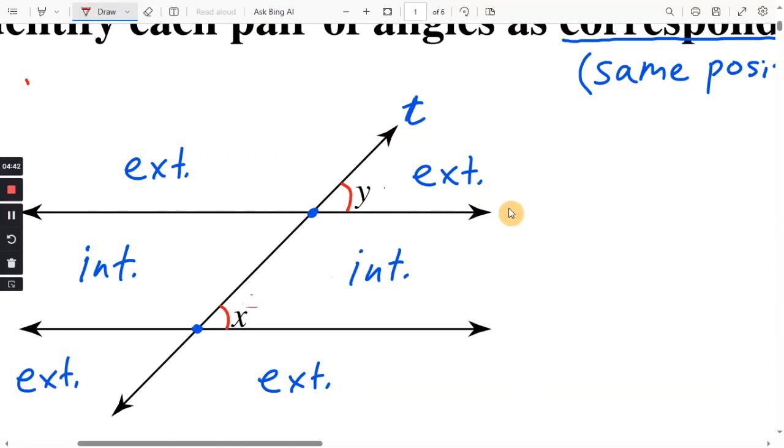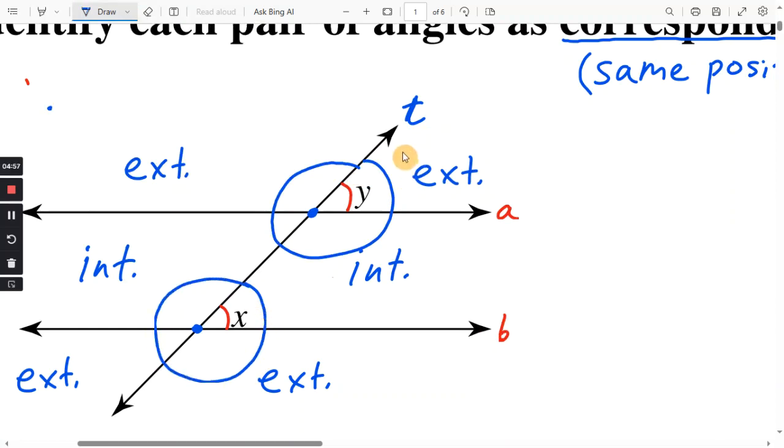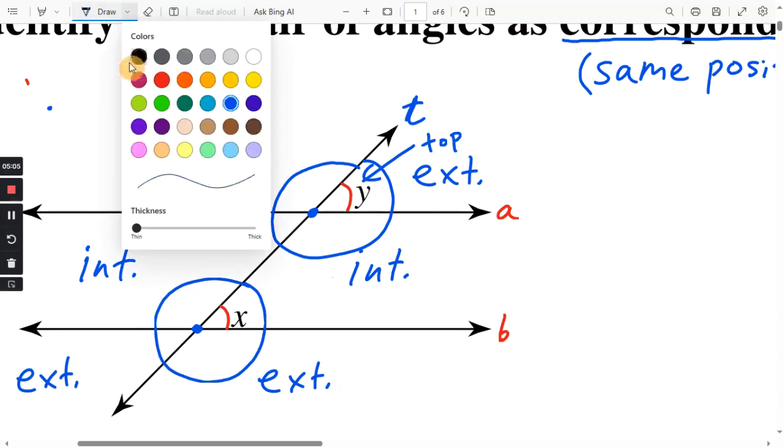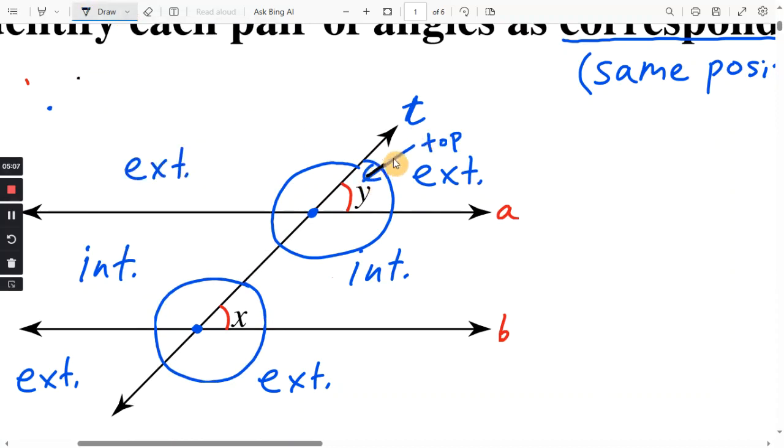Let's say this is line A, and this is line B. So if you looked at the 4 angles that are at line A, and you look at the 4 angles that are at line B, this angle right here, out of these four, it's on the top right. I should do it in a different color so you don't get confused.